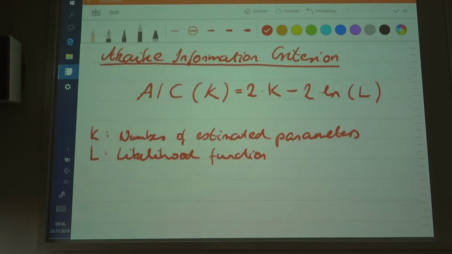Now you can collect this for several models. Let's say K hat denotes the number of estimated parameters that you choose for the model, and you do this by calculating the minimum of this criterion with respect to K. For different K's you calculate this expression, and if you're done with several models, you take the one for which the information criterion is the smallest.